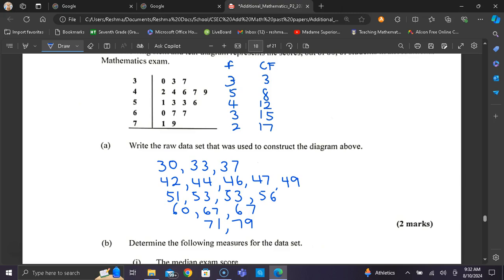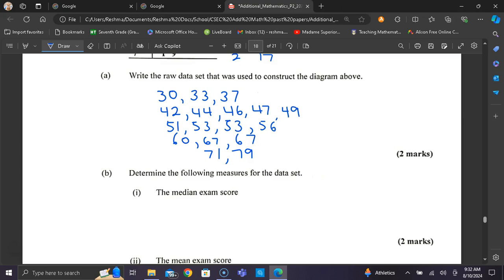Since there are 17 values in all, the median, which is Q2, would be half of the 17 plus 1th value. So 17 and 1 is 18.